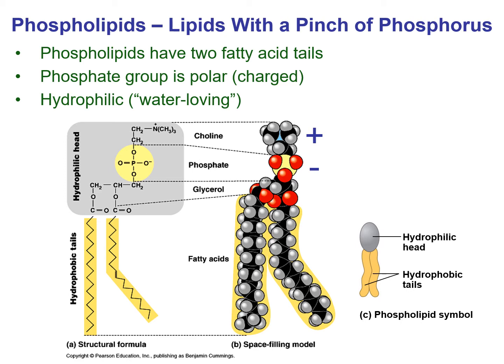But the fatty acid region is hydrophobic because it doesn't have an uneven charge distribution anywhere. And down the bottom there towards the right, that's the way that this structure is usually represented and how you might draw it if you were to draw the membrane, for instance. That's where we see these lipids.